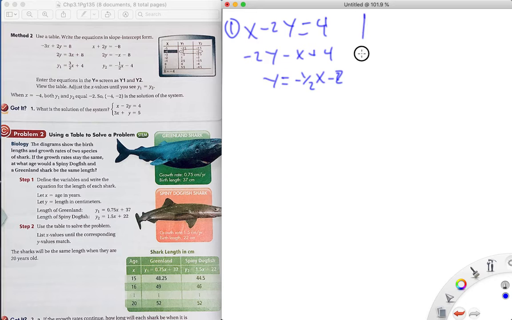So that's the slope-intercept form. And for the second equation, 3x plus y equals 5, subtract 3x from both sides, y equals -3x plus 5.